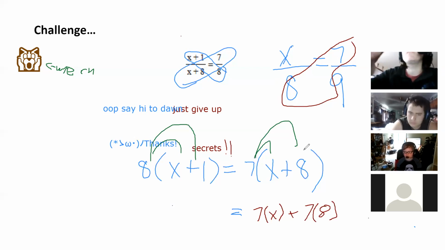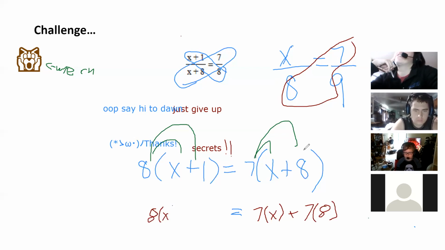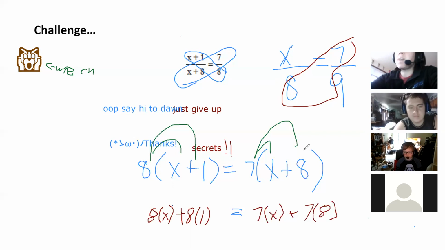Good. And then what would I get on the left side there? Because I've got to distribute both sides. Looking good. So we're going 8 times x plus 8 times 1. Good. Then underneath that, I would simplify.